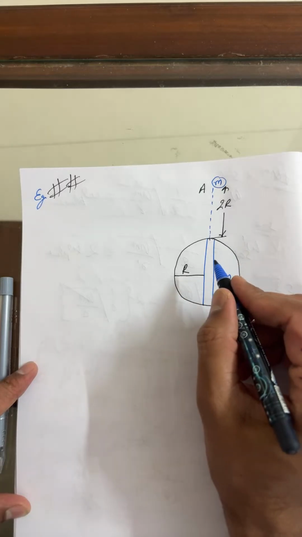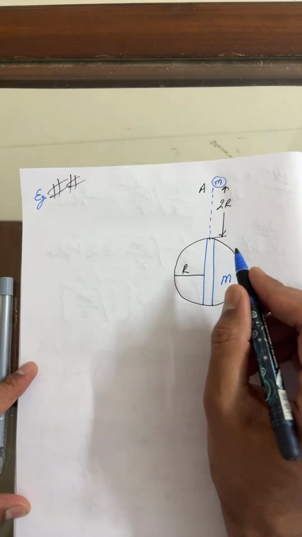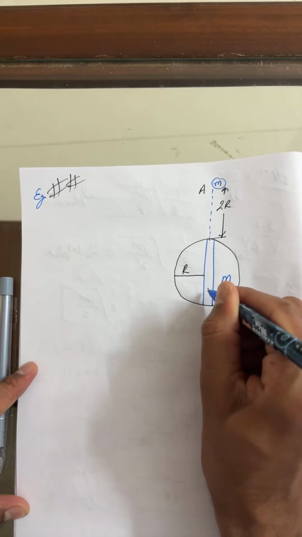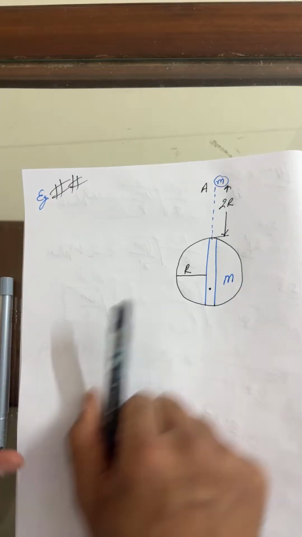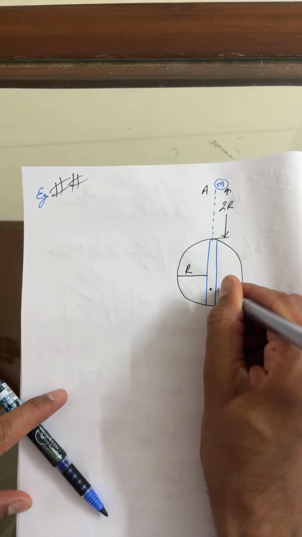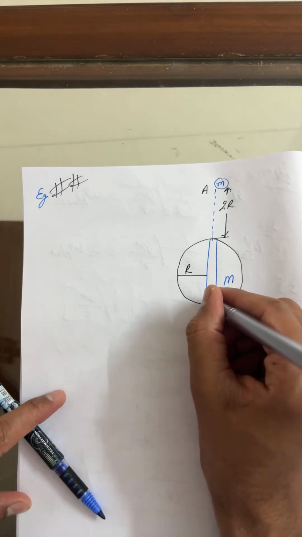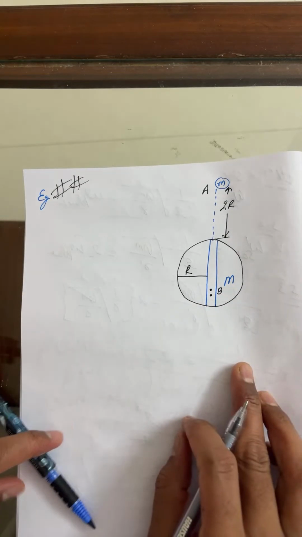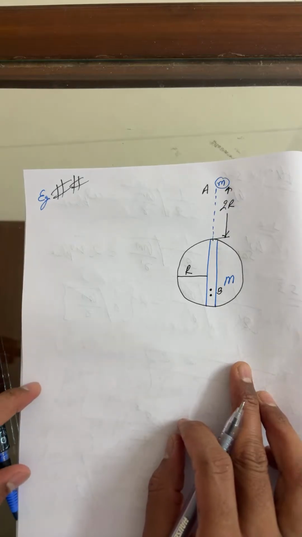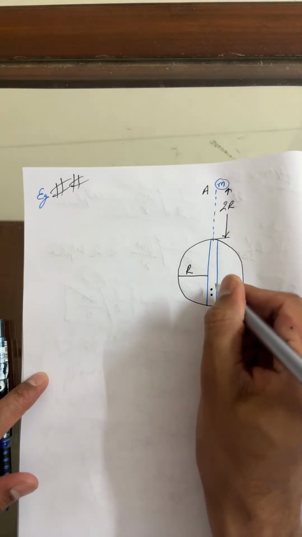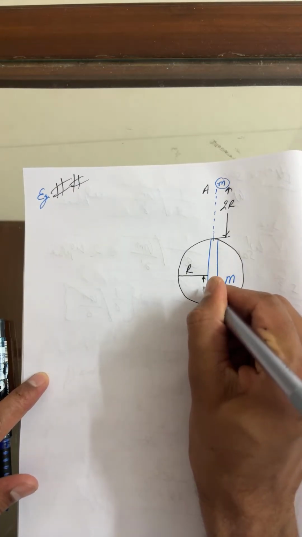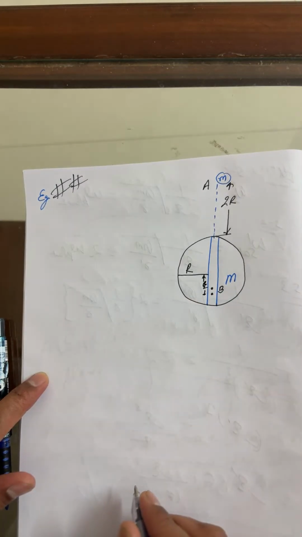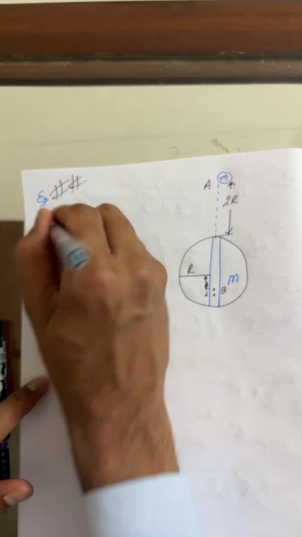Find the speed of the particle when it passes point B, inside the tunnel at a distance R by 2. So we have to find the speed of the particle.